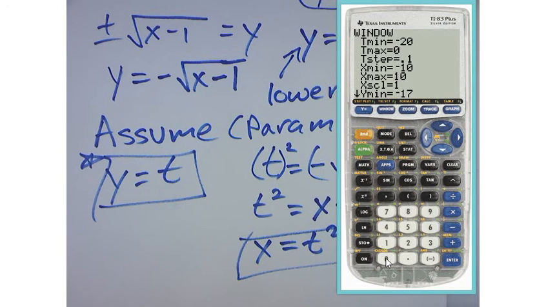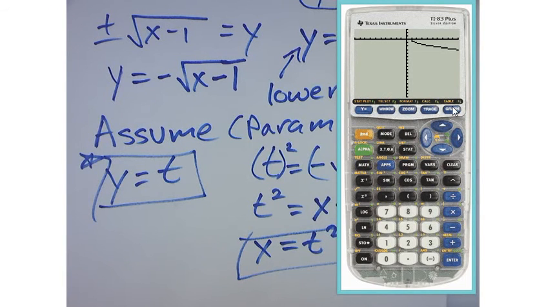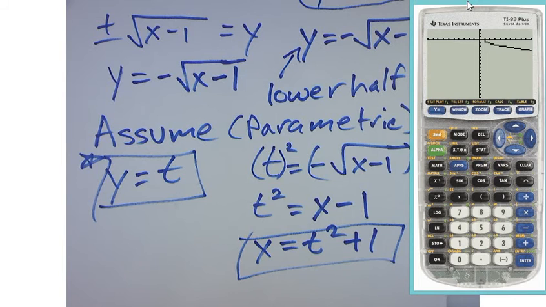Okay? And so now if we graph it, how would we define what t should be? How would you guys go about doing that? First of all, is that the right answer? Yes. Okay.